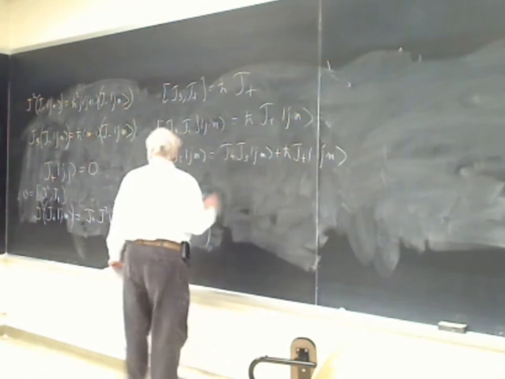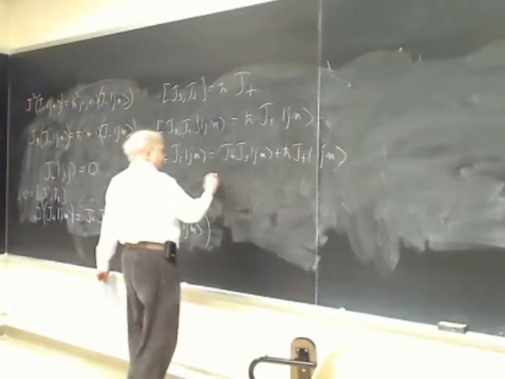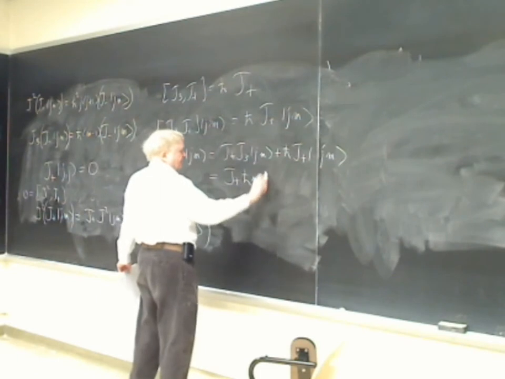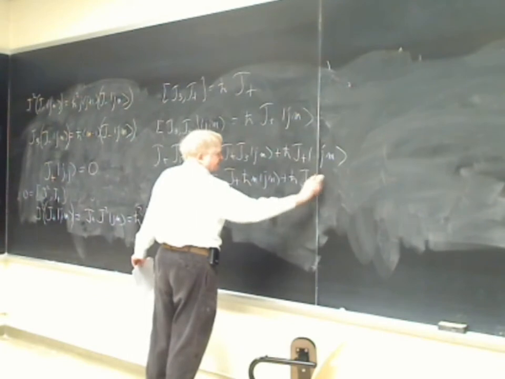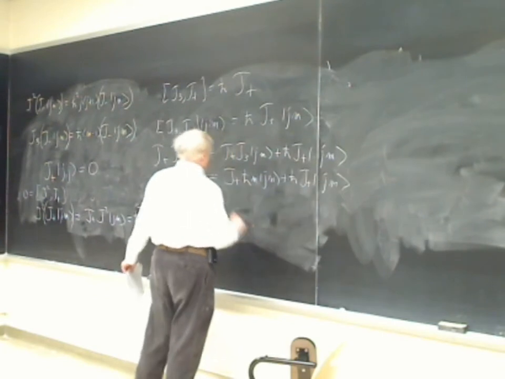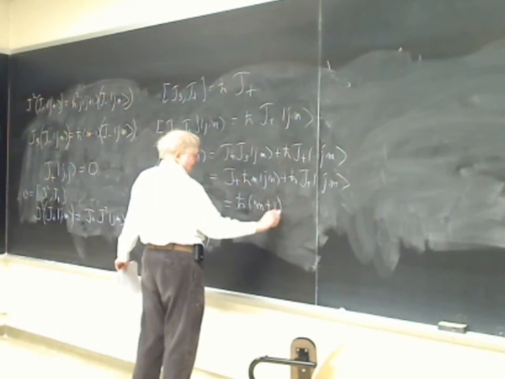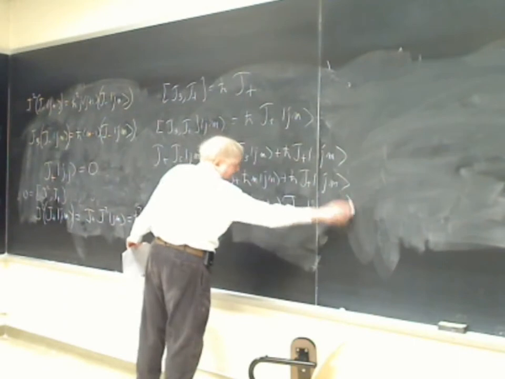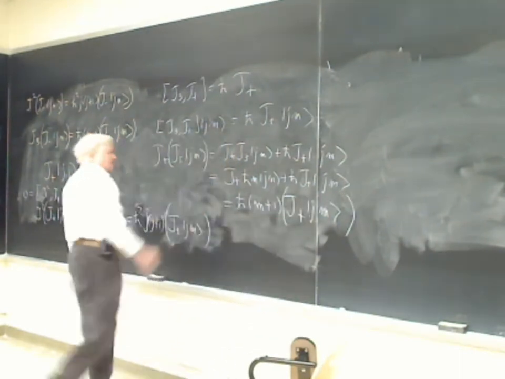Well, J3 on Jm by this equation is J plus ħm Jm, and this is plus ħ J plus Jm. And so this is just clearly ħ times (m plus 1) J plus Jm.